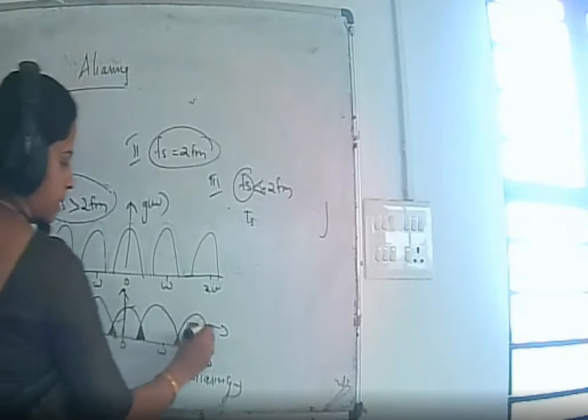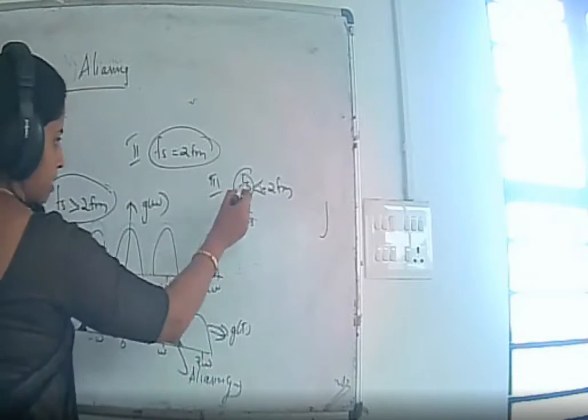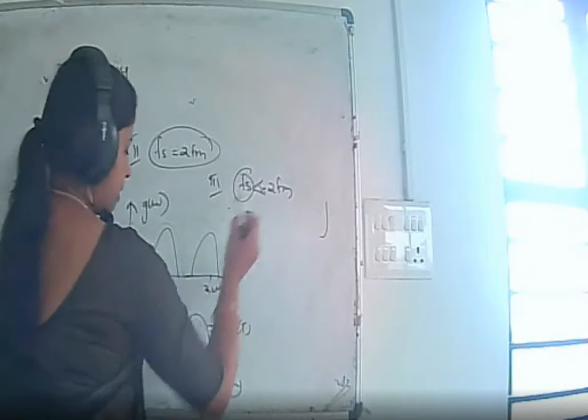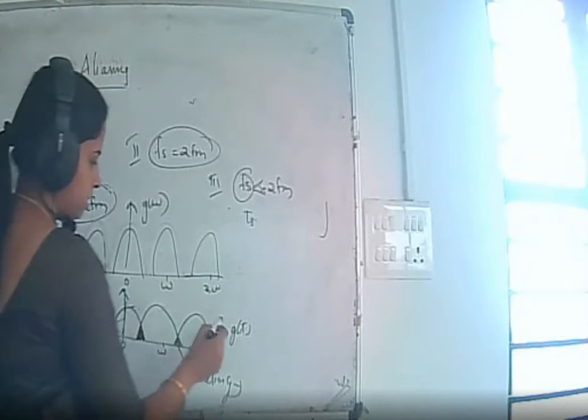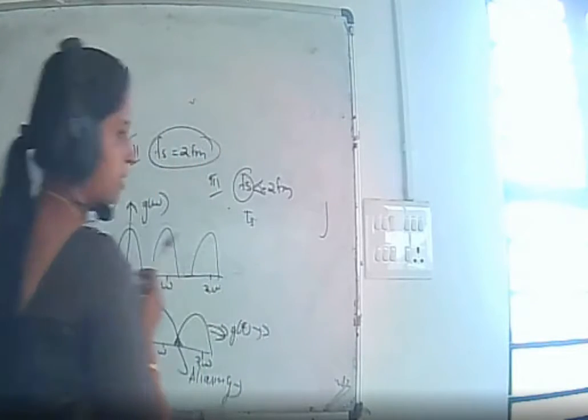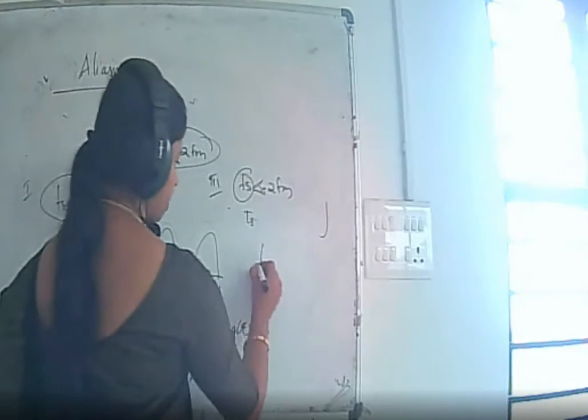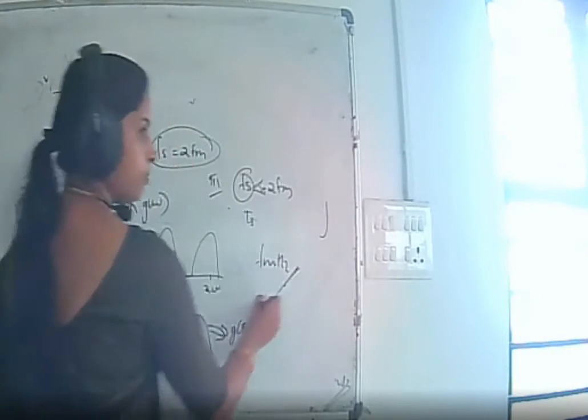So when the signal sampled with Fs less than 2 times Fm is passed through a low pass filter, the output will not be the same as the input signal. The reconstruction will not be proper by passing through a low pass filter which is band limited to Fm hertz.